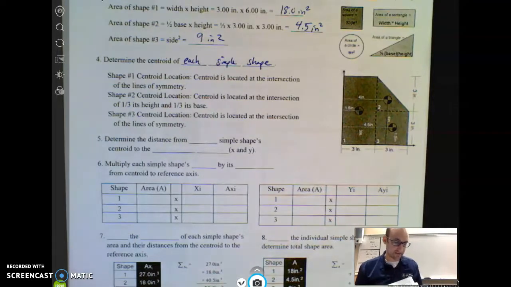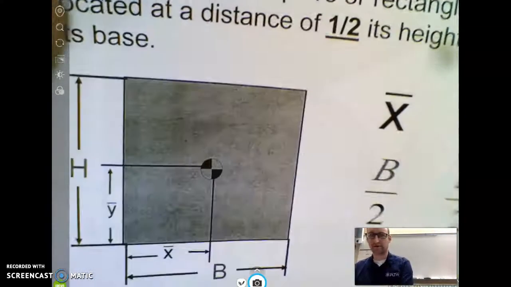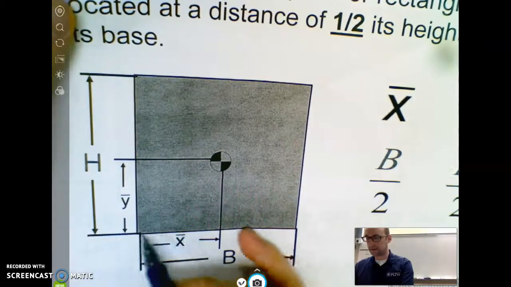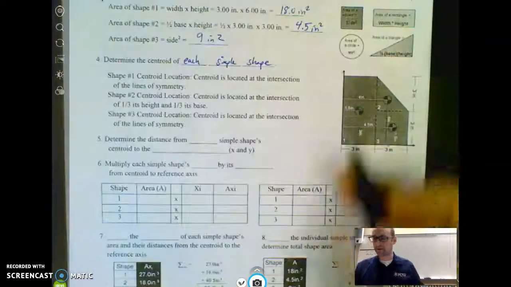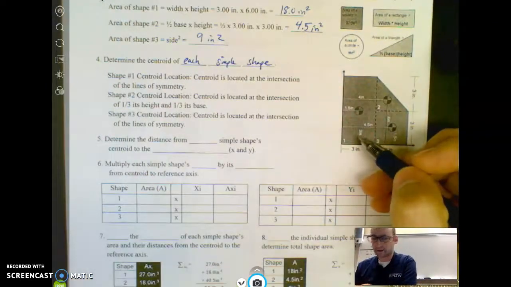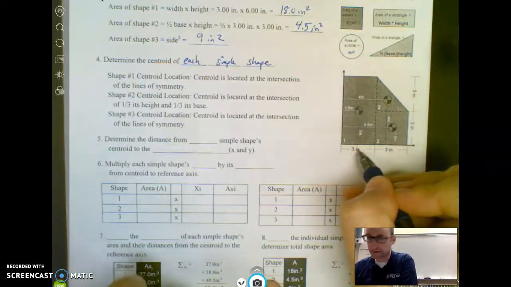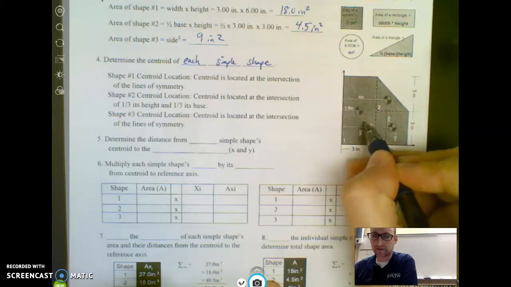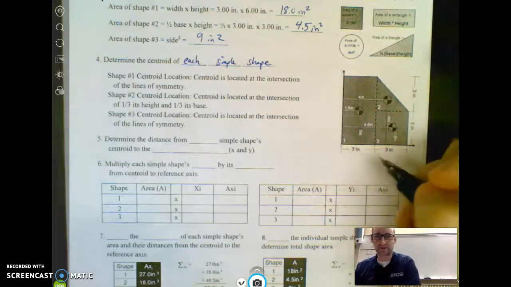It's just halfway on the x's and halfway on the y's, right? So this is for a rectangle or a square. If I know the whole distance, I know the x part's halfway. If I know the whole height, I know the y part's halfway. So on this guy, the centroid of shape 1 is 1.5 over, because that's half of the x, and the y part is 3 up, because it's a total height of 6.